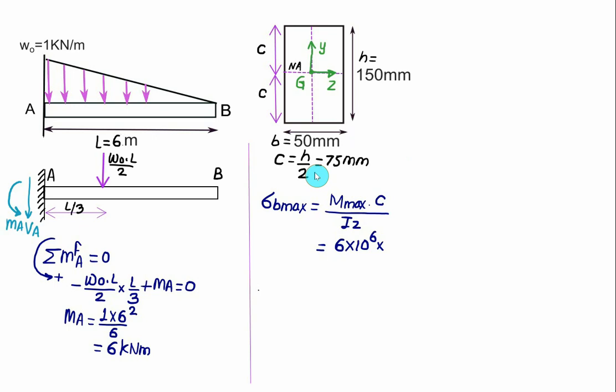Value of C is equal to 75 mm divided by Iz. Iz is bh cube by 12. So we have 50 into 150, and we have to take a cube of it. 12 will shift to the denominator. So the maximum value of bending stress, compression and tension both, magnitude wise is 32 megapascal.